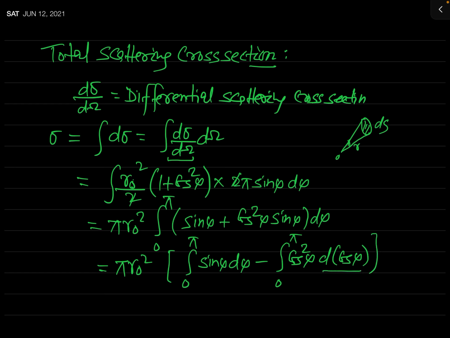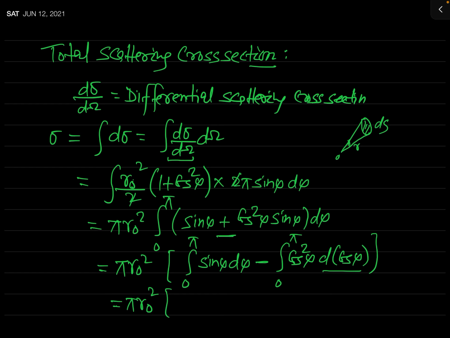Actually this d cos φ will be what? That will be minus sin φ dφ. But here is a plus sign, so we have simply put here a minus so that it will become plus. So you can write this integral of cos² φ sin φ dφ like this, cos² φ d cos φ. Now integrate these two integrals.